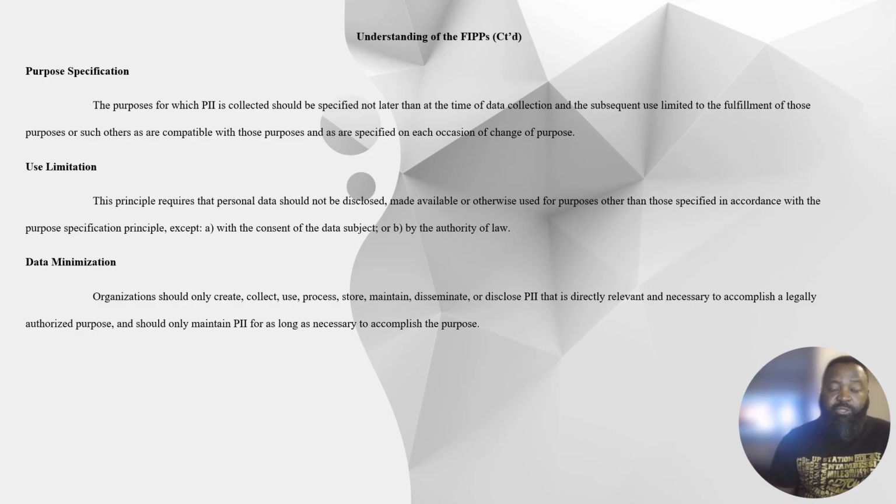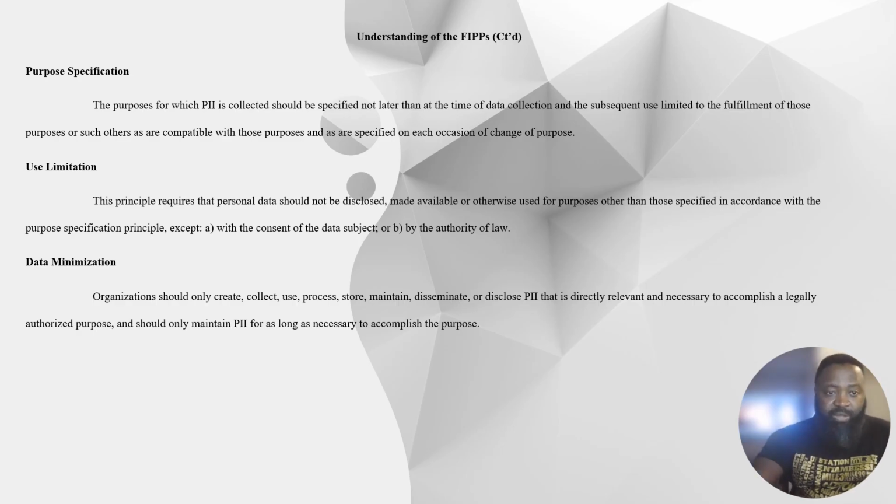The purpose specification principle requires an agency to have a purpose for collecting the PII, and this purpose should not be stated after PII is collected. It should be specified before it is collected, at the time of data collection, and the subsequent use should be limited to the fulfillment of those purposes. I think that is a good one right there.